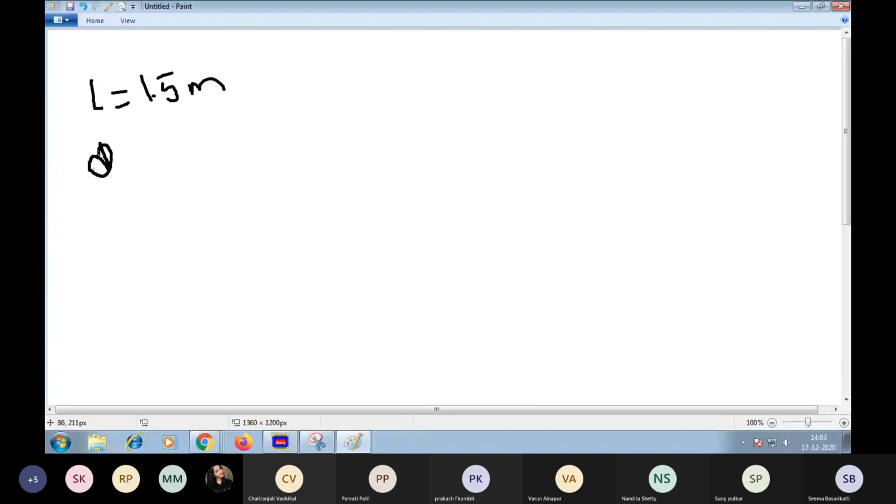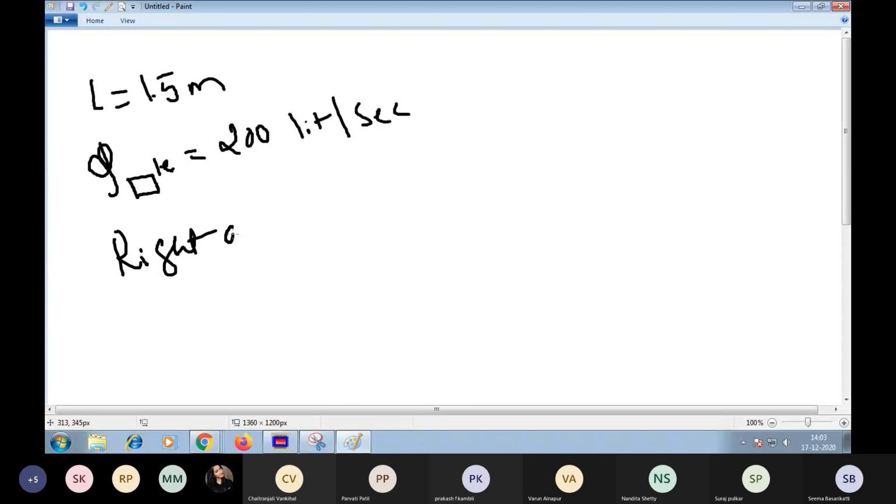Discharge Q for a rectangle is 200 liters per second. Next, for a triangular notch, it is a right angled notch.